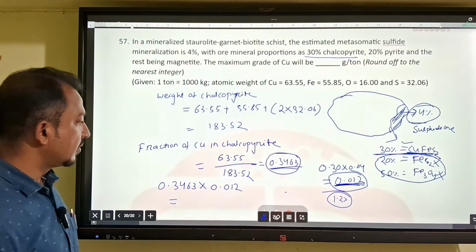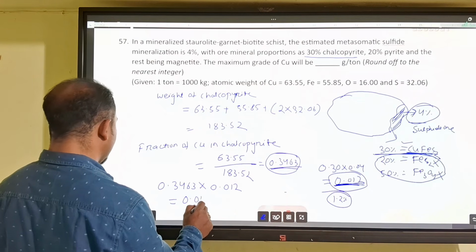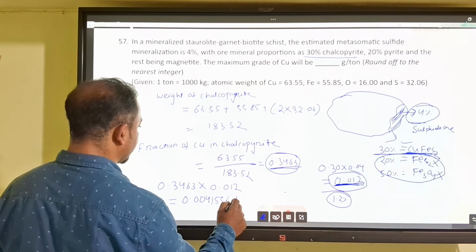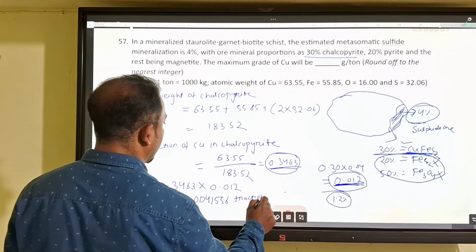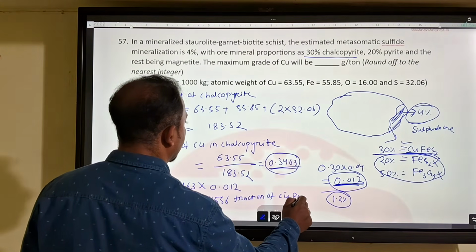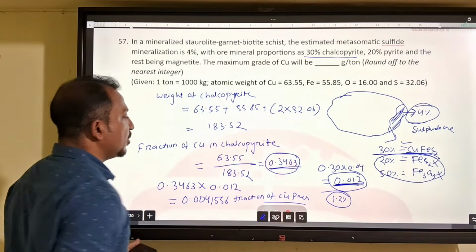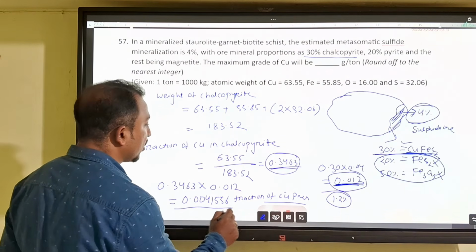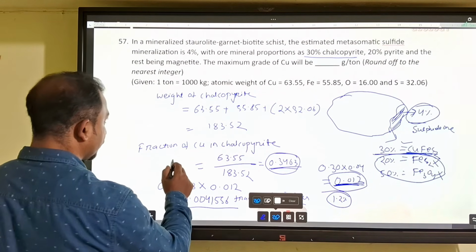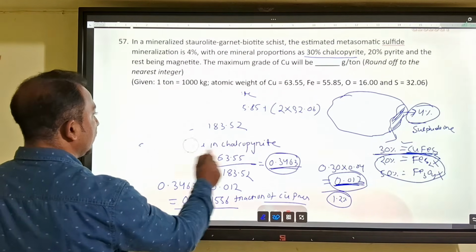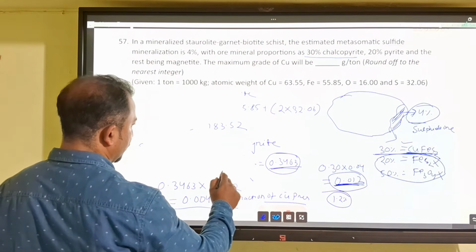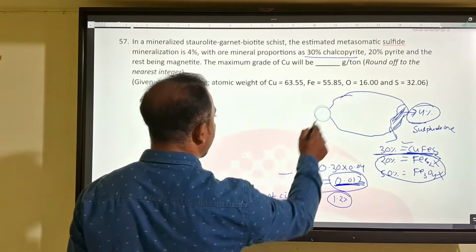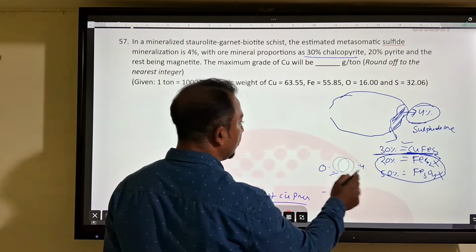It will be 0.0041556 fraction of copper present from the whole deposit. Now this is the grade, about 0.4%. It is asked in how many grams you will get in 1000 kg.